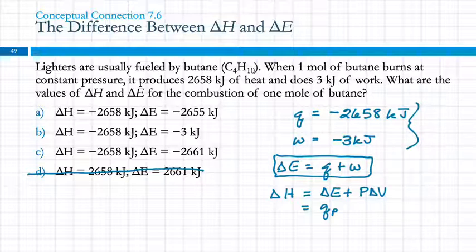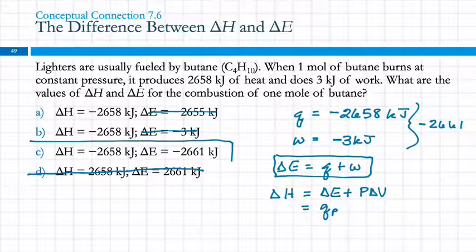These two added together is minus 2661. So this would be if I took the Q and subtracted the work, or had the sign wrong on the work. So that's wrong. And this one is saying that delta E is just the work. That's also wrong. And so it must be C, and it is C.